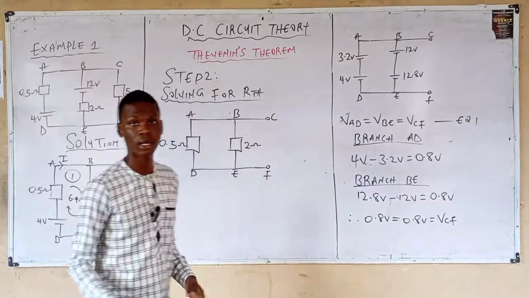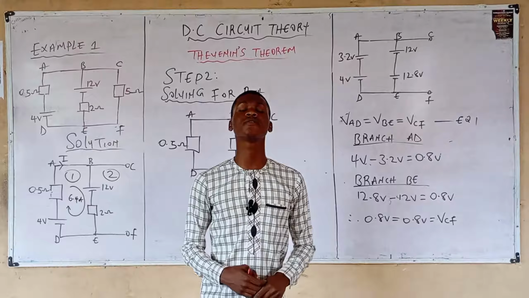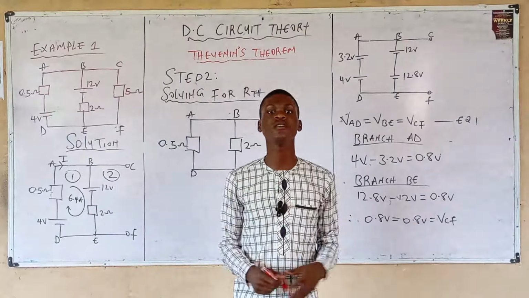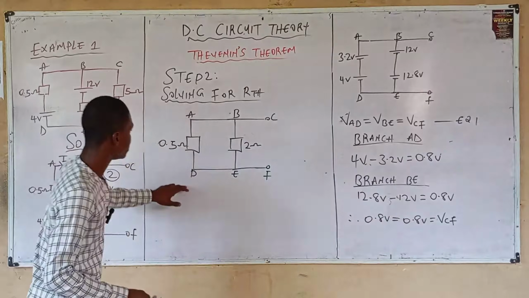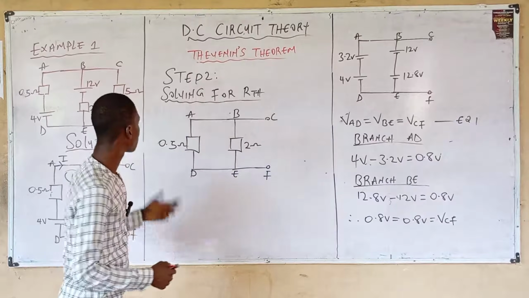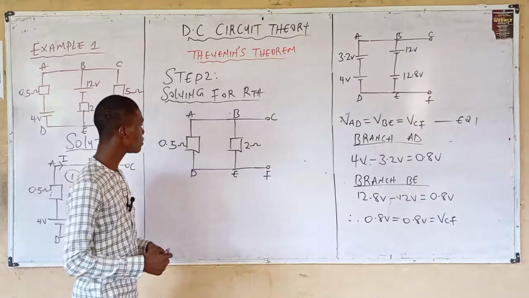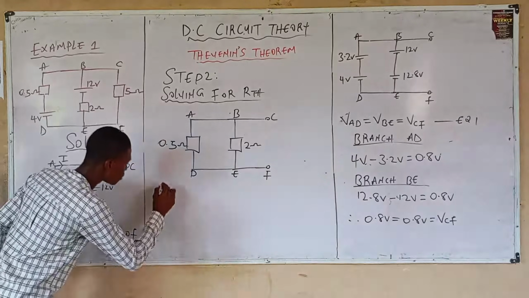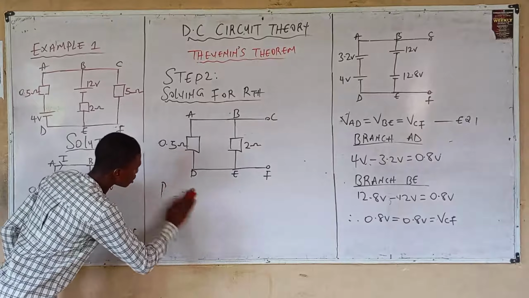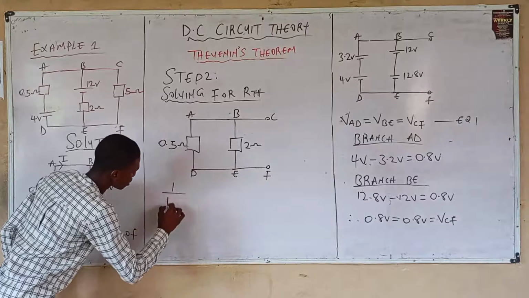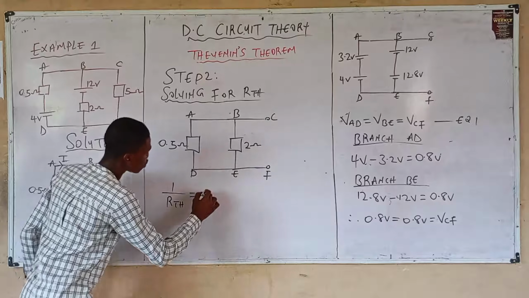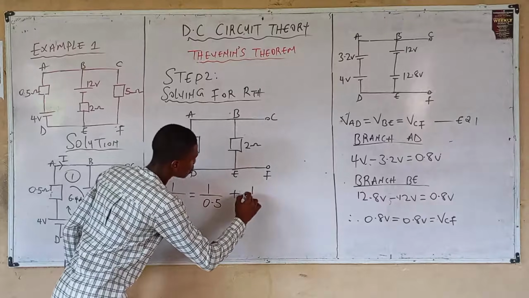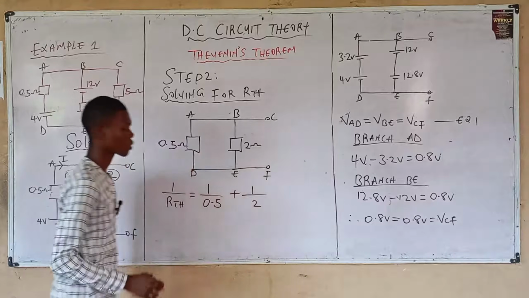These resistors are in parallel. For a parallel connection, how do you get the equivalent resistance? You simply add the reciprocals of the individual resistances. Meaning, for branch AD, the reciprocal will be 1 divided by 0.5. Similarly, for branch CE, it will be 1 divided by 2. So the equivalent resistance is 1 divided by 0.5 plus 1 divided by 2, right?